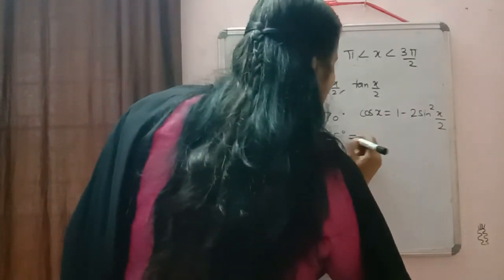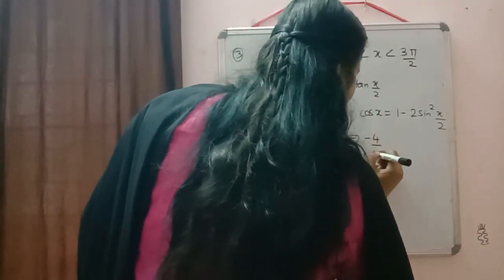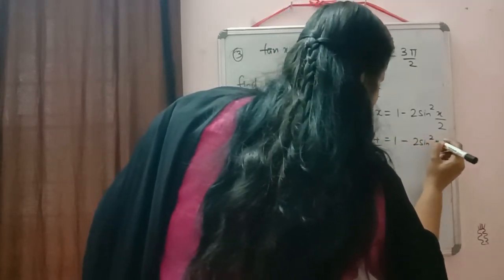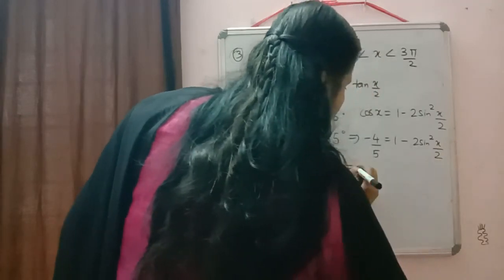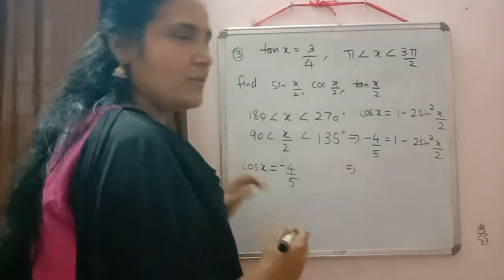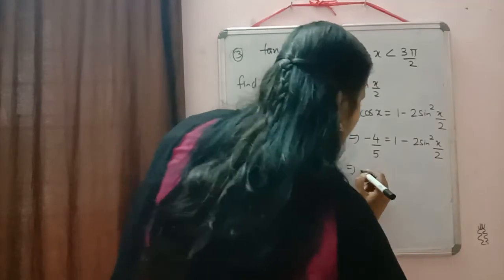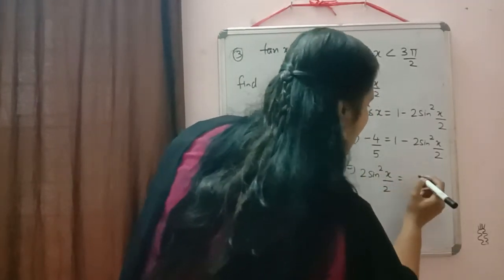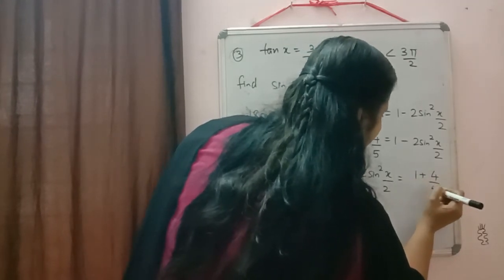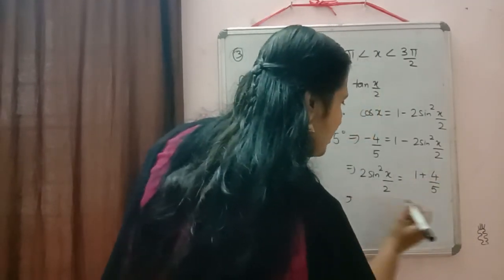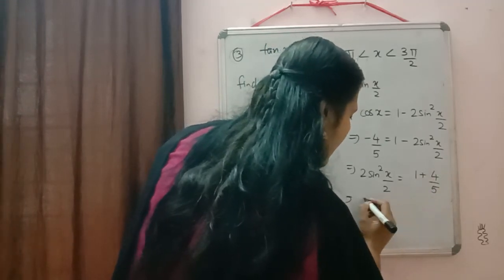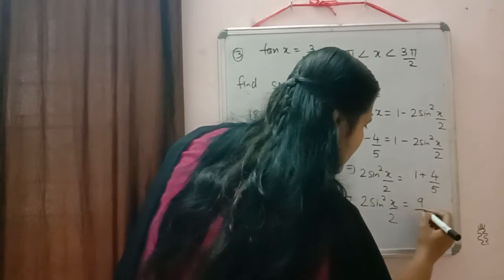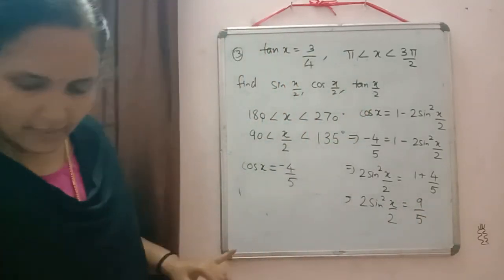Now we will substitute the value here. So we will get minus 4 by 5 is equal to 1 minus 2 sin square x by 2. So 2 sin square x by 2 we can shift to the left hand side. Then 2 sin square x by 2 is equal to 1 plus 4 by 5. Doing the cross multiplication, 5 plus 4, 9 by 5. So we are getting 2 sin square x by 2 is equal to 9 by 5.